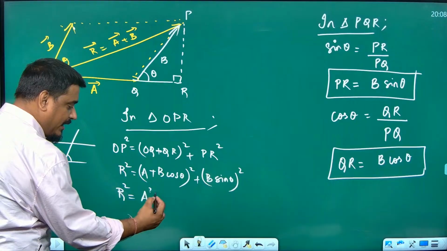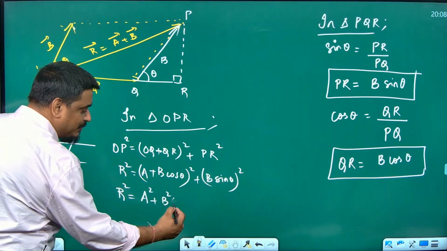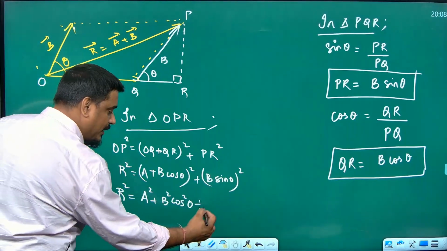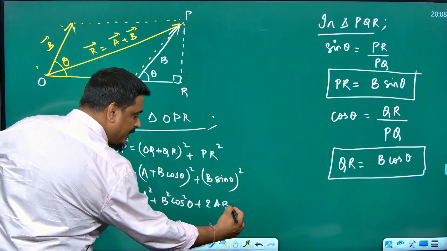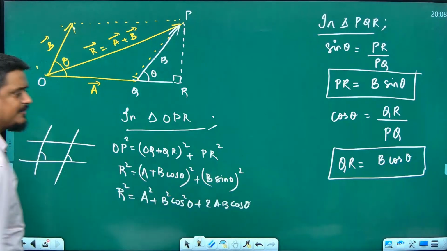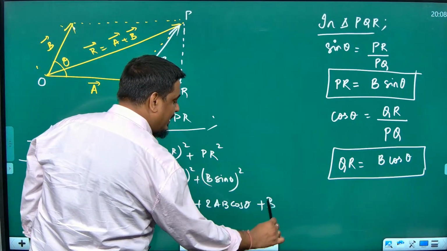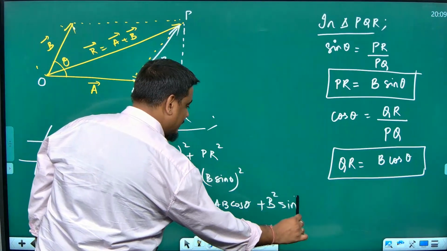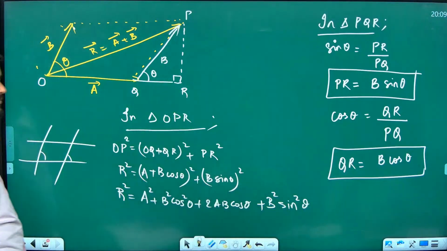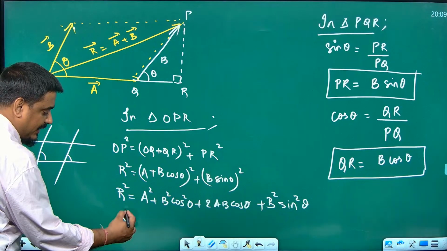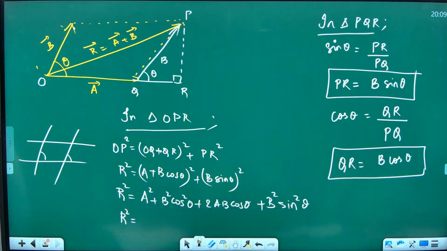A square plus B square plus 2ab cos theta. You agree with me? Plus, what is this? B square sin square theta. Anybody has problem in this step? I hope you have not. Sir, can you repeat the previous step one more time? I'll repeat.